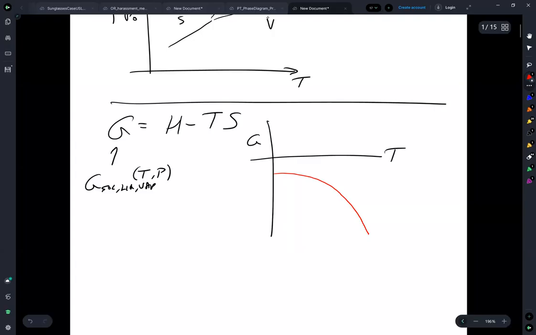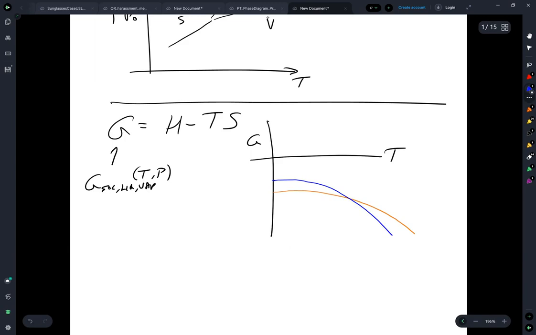Hang on, it's easier for me to think with the solid first. So if I've got a solid, it'll be a lower enthalpy and a lower curvature. So something like that. I have a liquid, which has a higher enthalpy because we know at 0 Kelvin, the free energy and the enthalpy have to be equal. So we have a higher enthalpy for the liquid and a higher curvature.